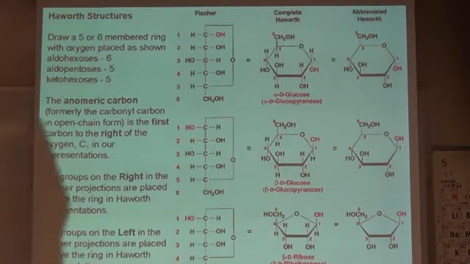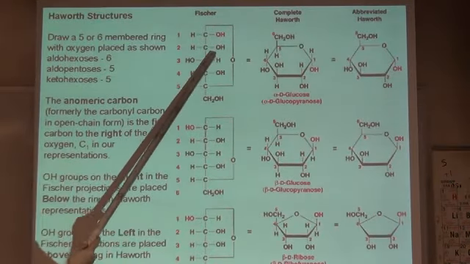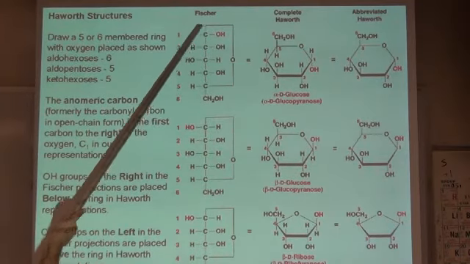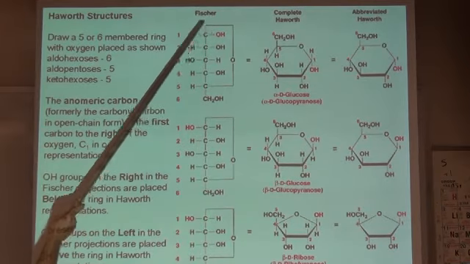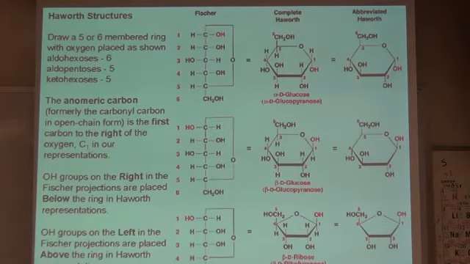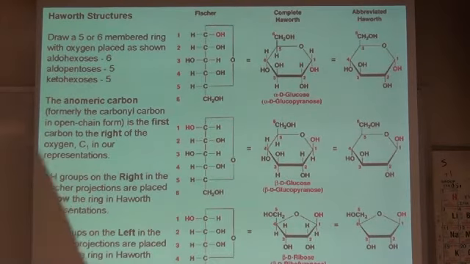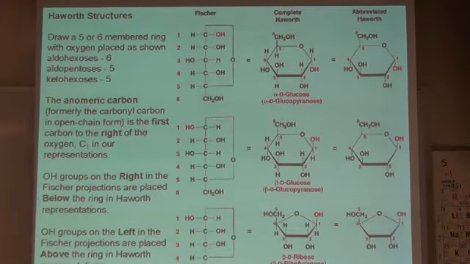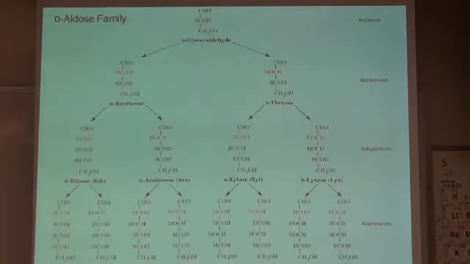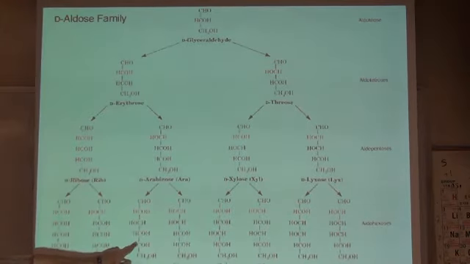Again, if the OH groups are on the right, now this would be the Fischer for glucose, except for one thing. In the glucose, it doesn't have the OH on carbon number 1. Right? I mean, when we look at the Fischers, here's glucose.